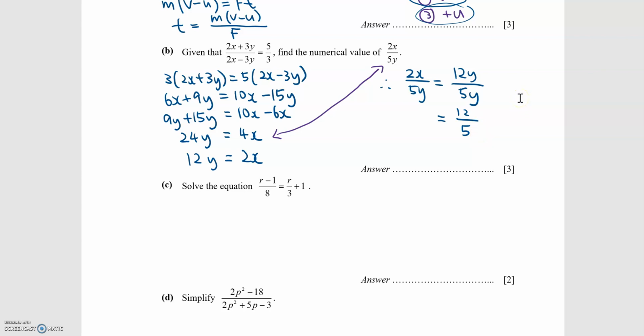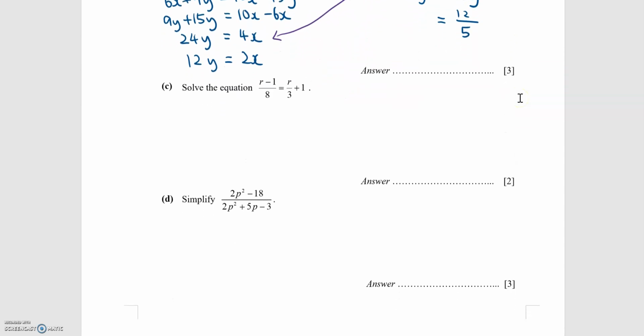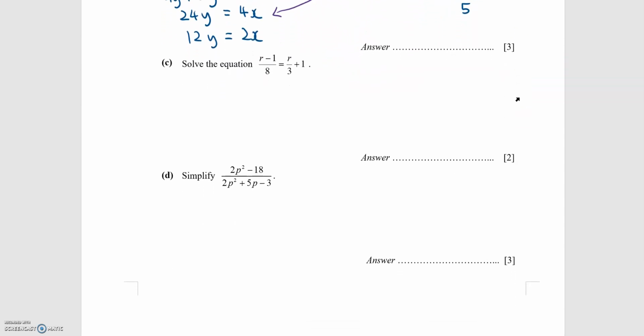Let's go on to part C. Part C is quite straightforward. It wants us to solve the equation. The problem with this question would be with this. If I want to solve this, I might need to first change 1 into a fraction. So 1 is actually 1 over 1.